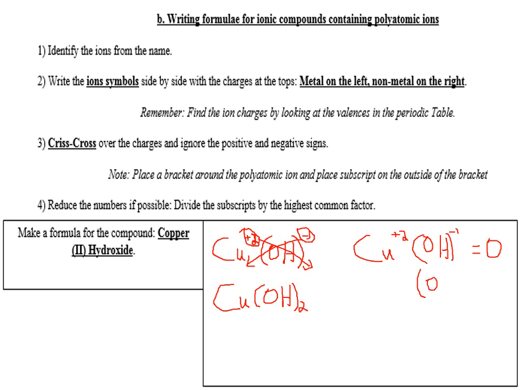Let's add another negative charge. So we'll add another hydroxide. And that gives us 0 now because we have plus 2 over here, negative 2 over here, and that's an overall charge of 0. So we just needed 1 copper to do that, and 2 OHs, 2 hydroxide ions.